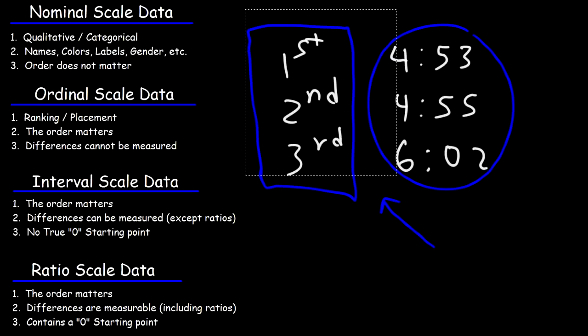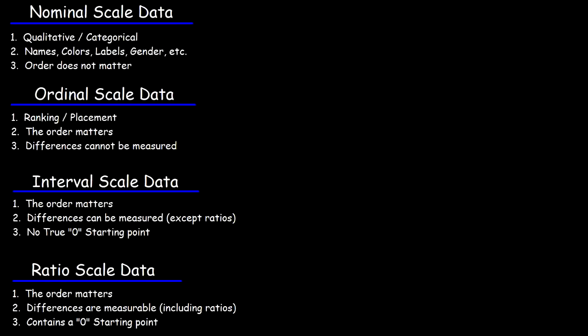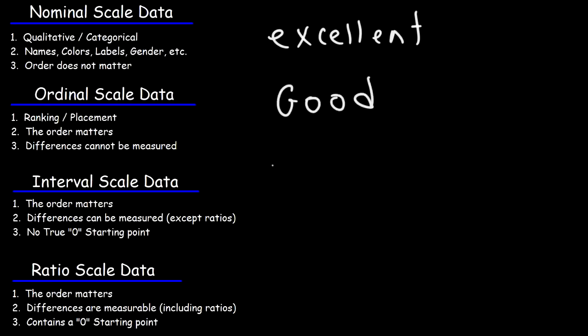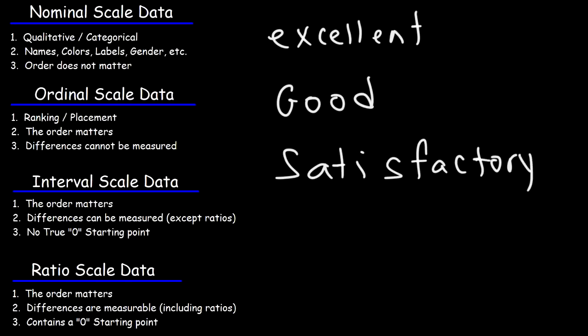Let me give you another example of ordinal scale data. Let's say we're ranking experiences, and the options are: excellent, the second one is good, the third is satisfactory, and the last one is just bad. In this case, we can't really measure the difference between excellent and good. However, we can assign them values.